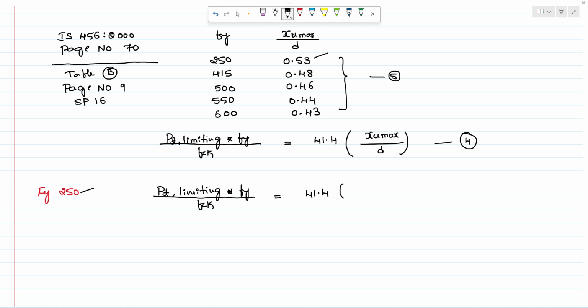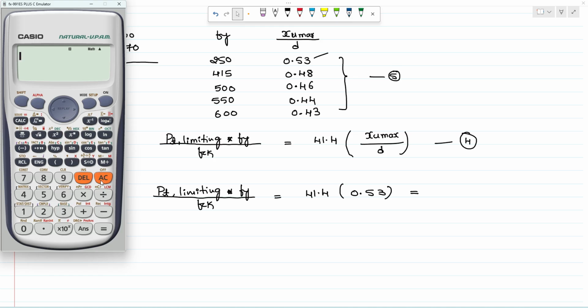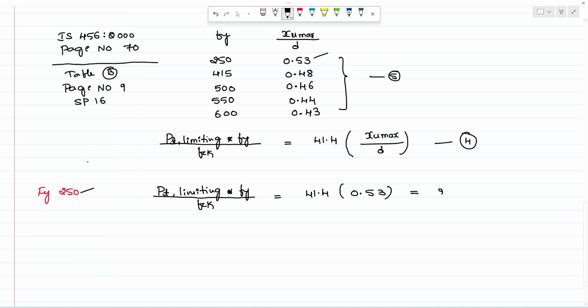It is 0.53. So if you simplify this, 41.4 multiplied by 0.53, it is 21.942.